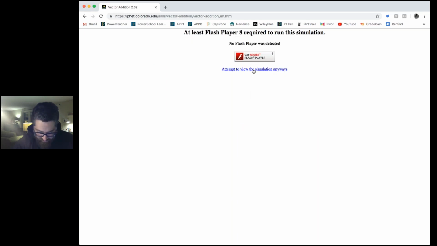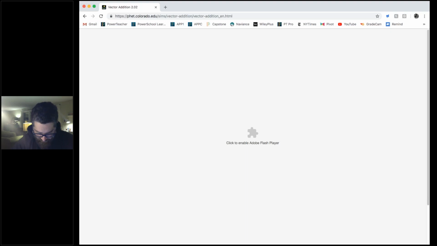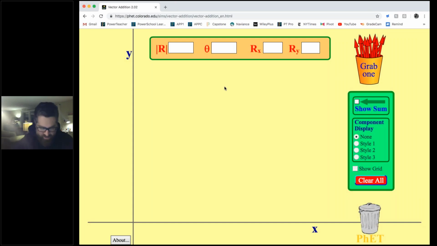In this one, I can take one of these rays and it'll tell me what the length is. I can change the magnitude and it resolves it into the X and Y components.